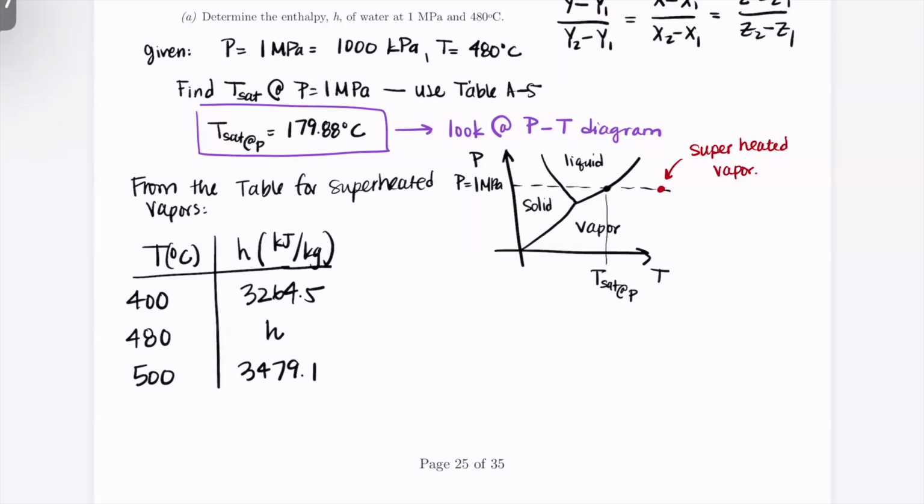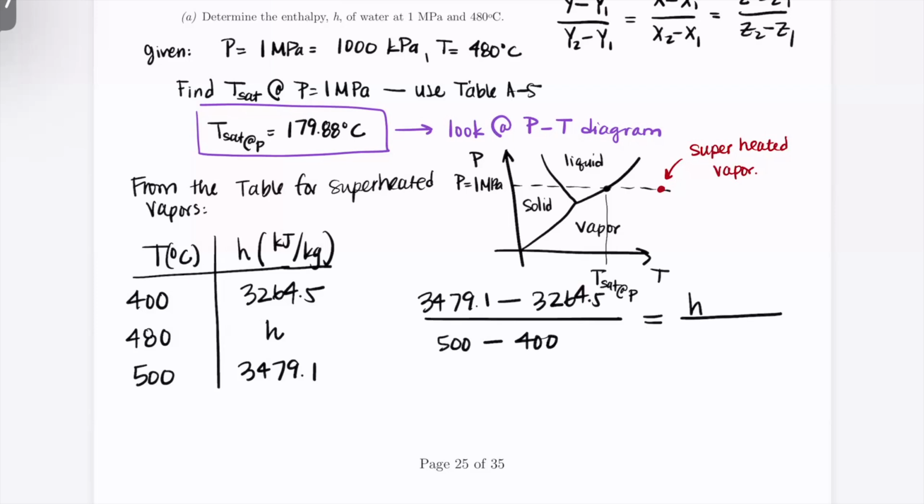So I'm basically going to make the argument that the slope between 400 and 500 degrees C is the same as the slope between 400 and 480. So my first slope is 3,479.1 minus 3,264.5 divided by 500 minus 400, is equal to H minus 3264.5 divided by 480 minus 400.